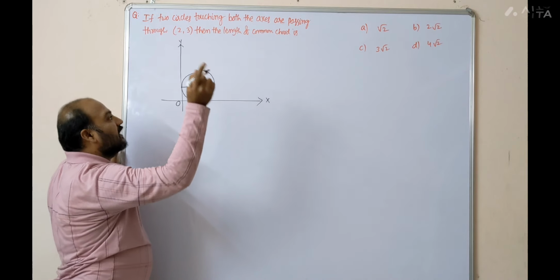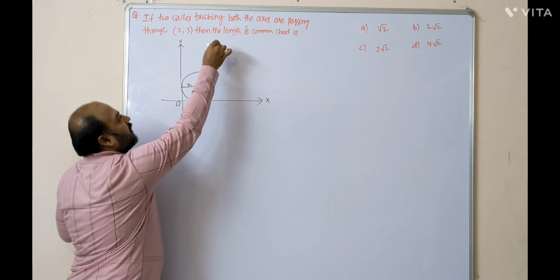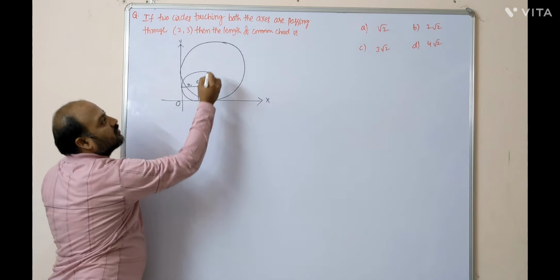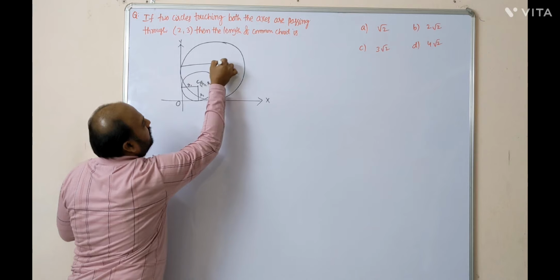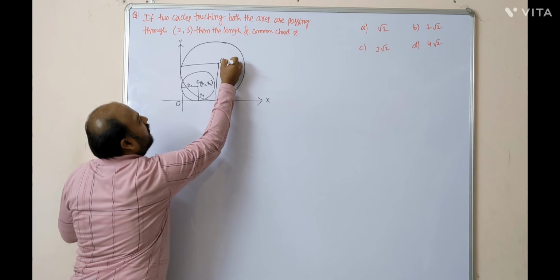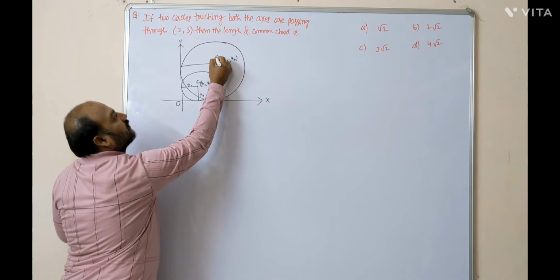The second circle is also touching both the coordinate axes, so R2 comma R2 is its center. Center 2, center 1.